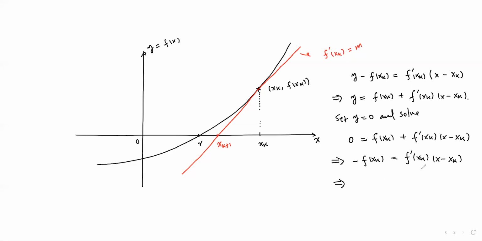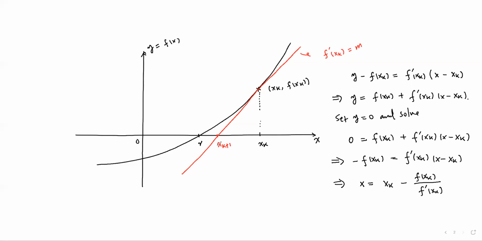Then move the derivative to the left side and move xk to the other side. Then we get the x-intercept, xk minus f of xk over the derivative at xk.